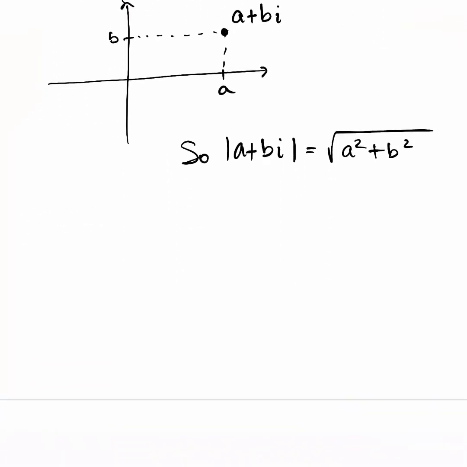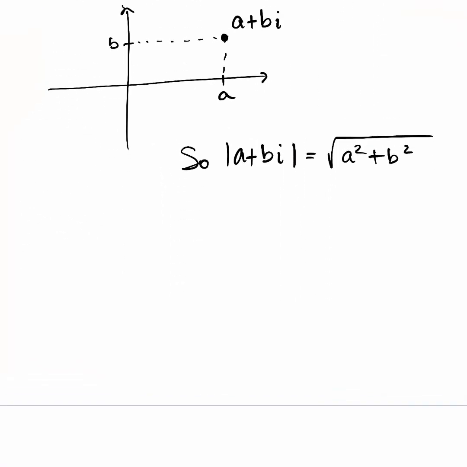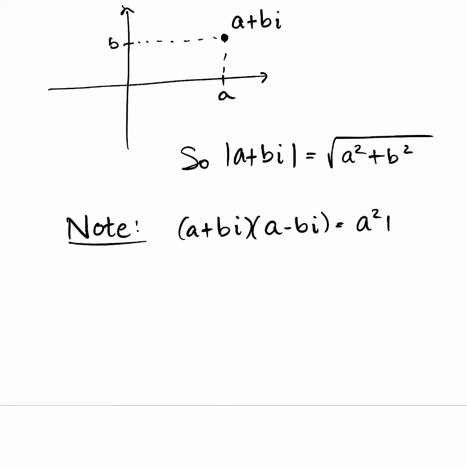Now, it's worth noting that if you take a plus bi and multiply it times its complex conjugate, a minus bi, and you just FOIL like you always do, it's a squared plus b squared. Remember, i squared is -1.